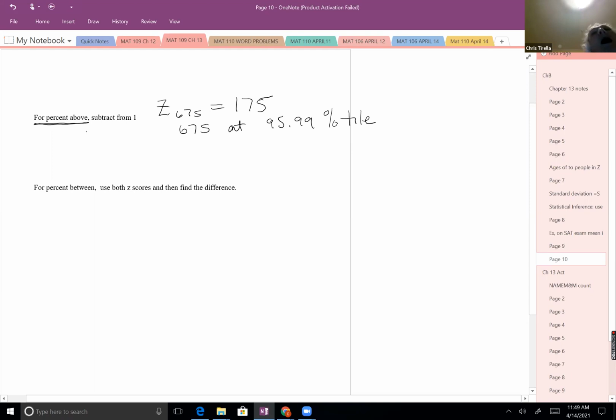Well, if I want to know how many people scored above, the percent above 675 would be equal to 100% minus that 95.99%. So we'd say that only 4.01% scored better than 675.